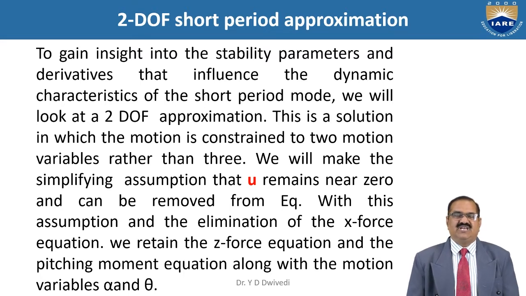This is a solution in which the motion is constrained to 2 motion variables rather than 3. We have seen in the previous class that there were 3 variables: u, alpha and theta. But here we will only consider 2 variables.